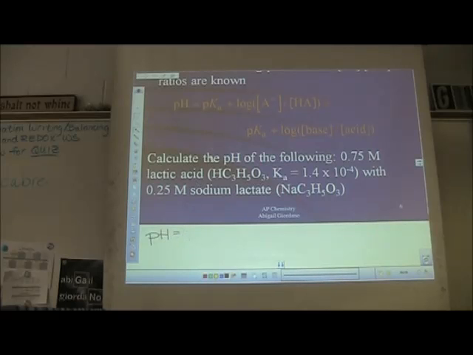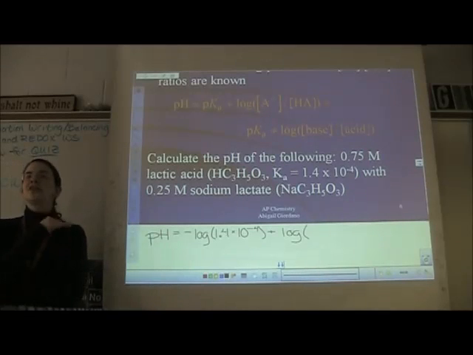pH equals. How do you get a pKa? Negative log of the Ka, which is given to me in the problem, plus the log of base over acid. Be very careful when you answer this question that I'm going to ask you.